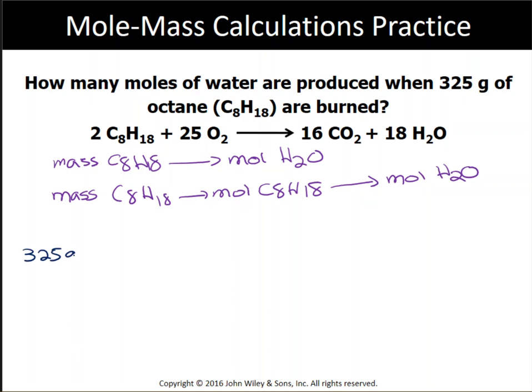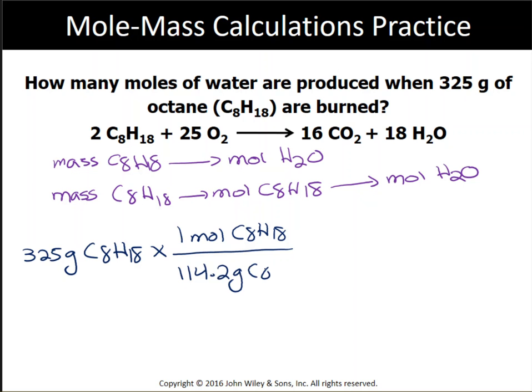So 325 grams of octane. To convert the mass of octane to moles of octane, we have to use the molar mass of octane. So each mole of octane is 114.2 grams of octane.